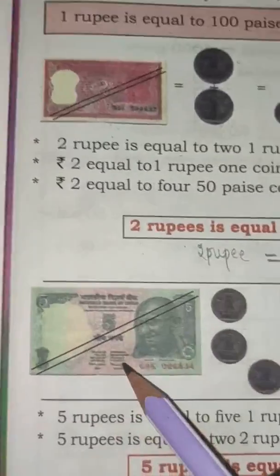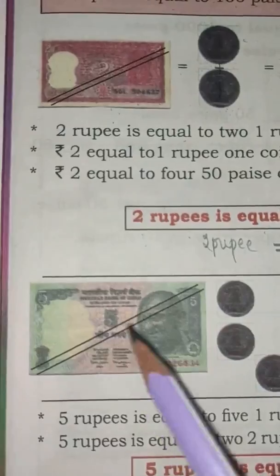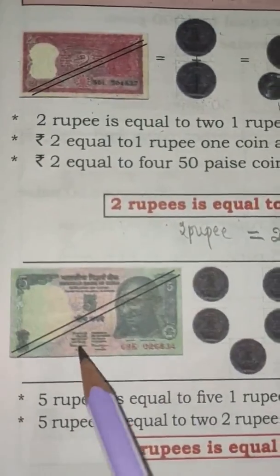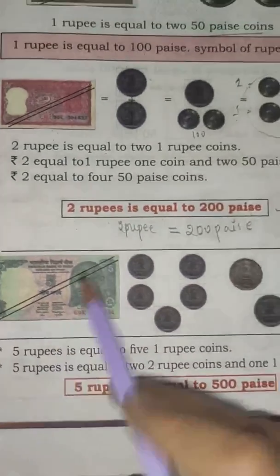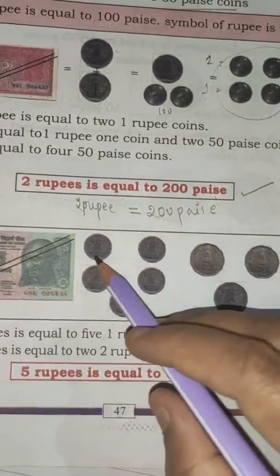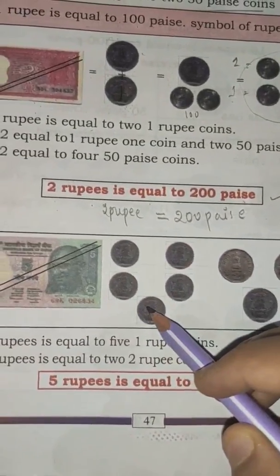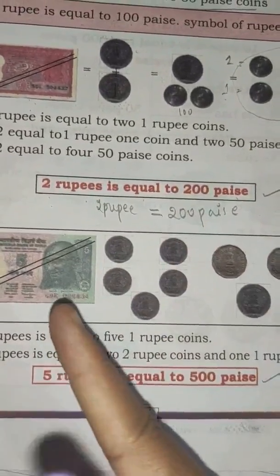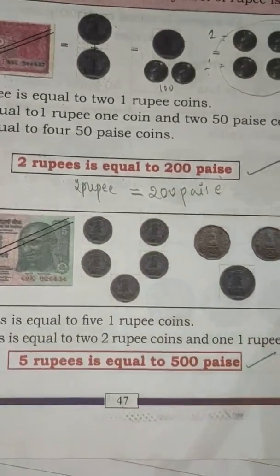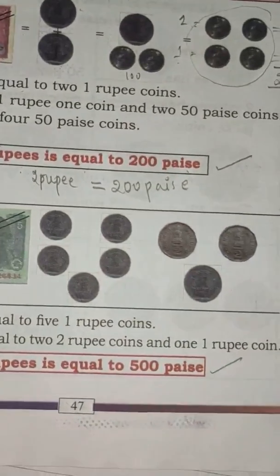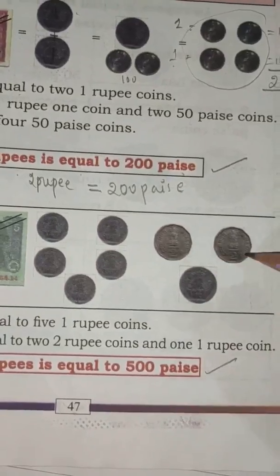Next, in the same way, 5 rupees. When we divide this 5 rupee note into 1 rupee coins, we will get 1, 2, 3, 4, 5. 5 coins of 1 rupee. Again we are going to divide it between 2 rupees and 1 rupee.